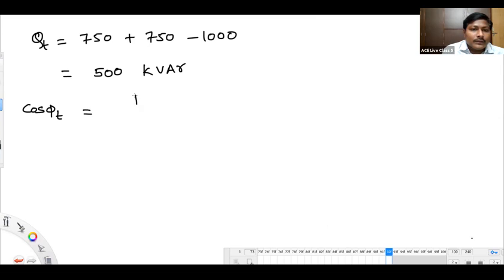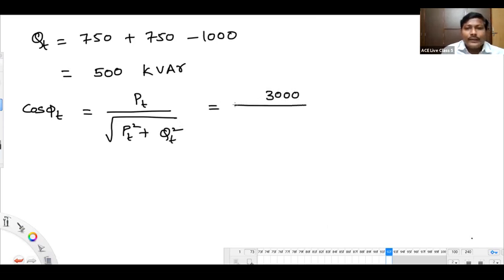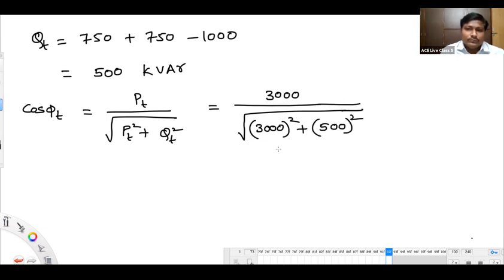Plant power factor is PT by root of PT square plus QT square. So 3000 by root of 3000 square plus 500 square. How much is this number?